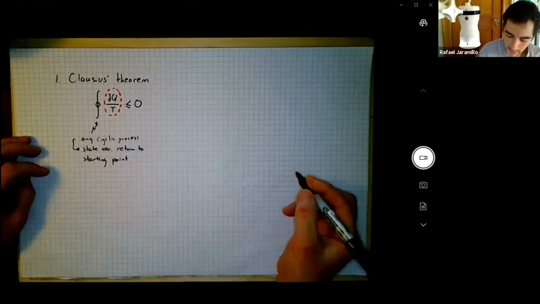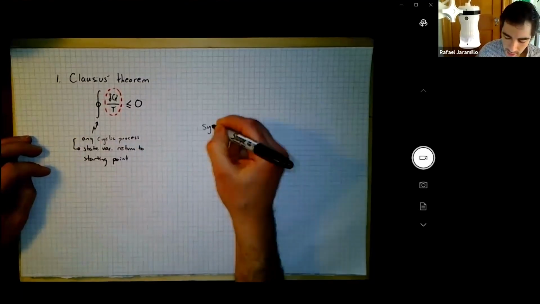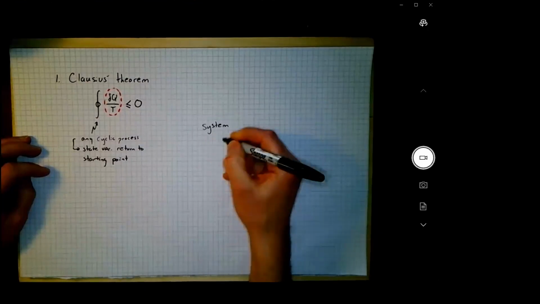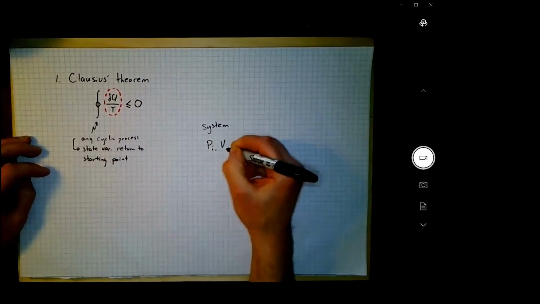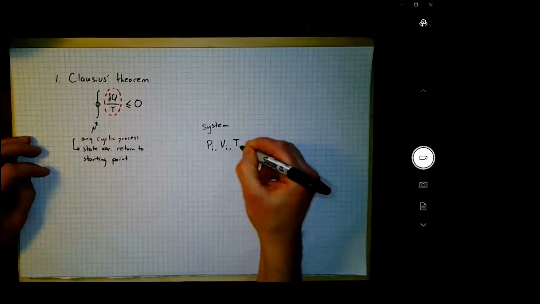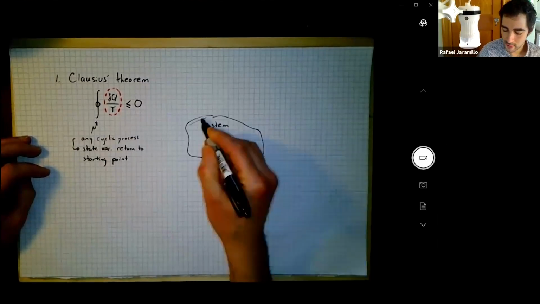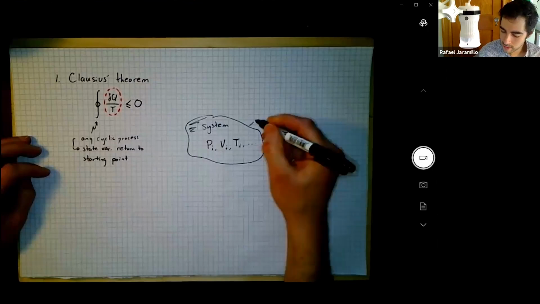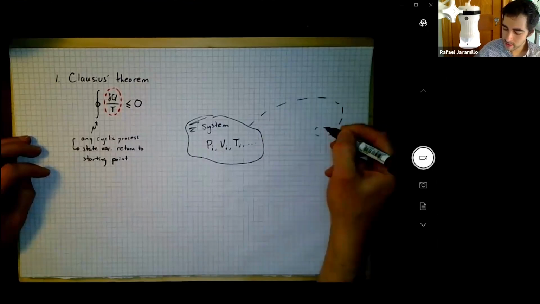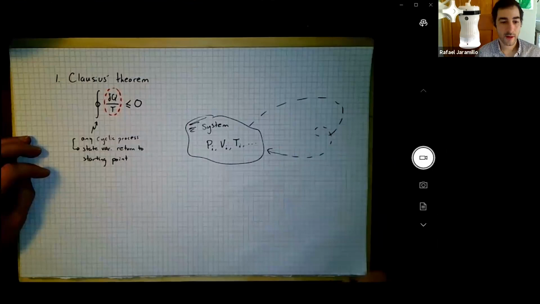And so this is super general right now. We have any system with initial temperature, initial volume, pressure, and it's a collection of stuff. And you're going through any process at all that brings you back to the starting point.